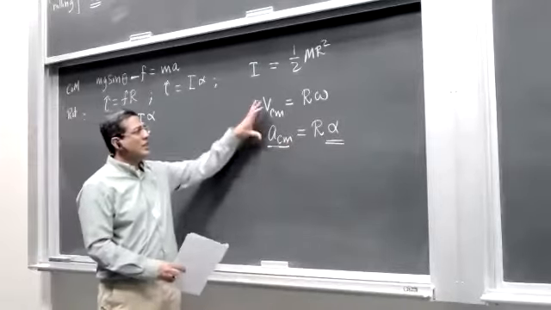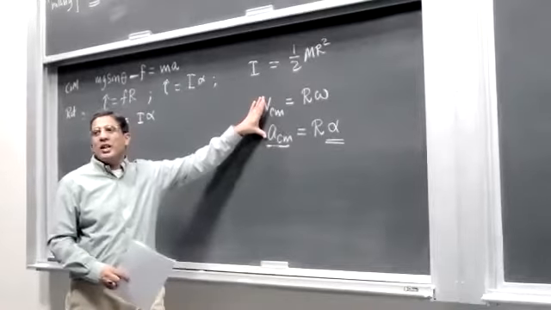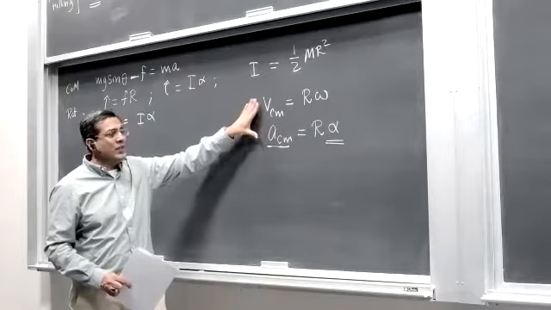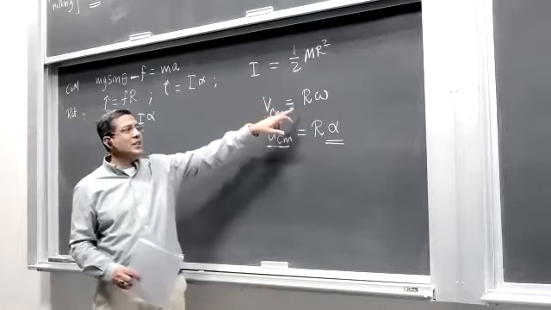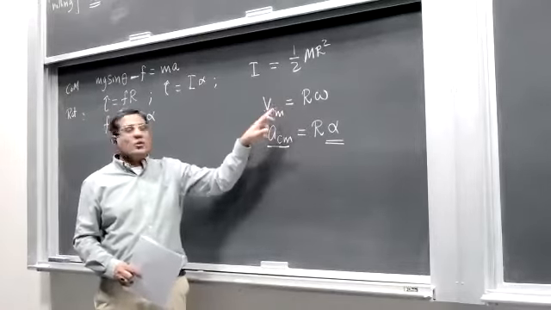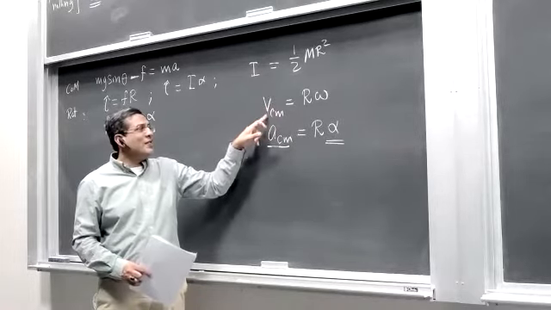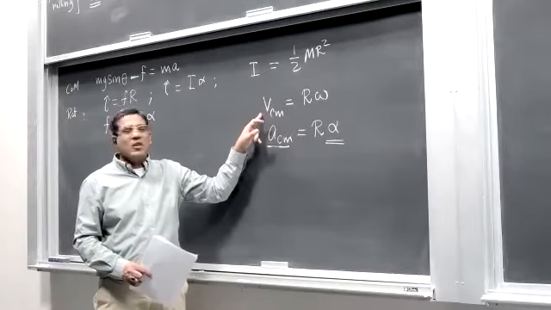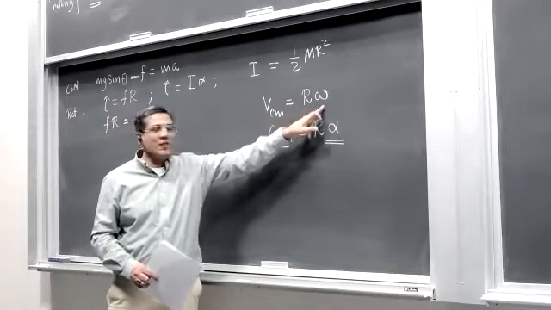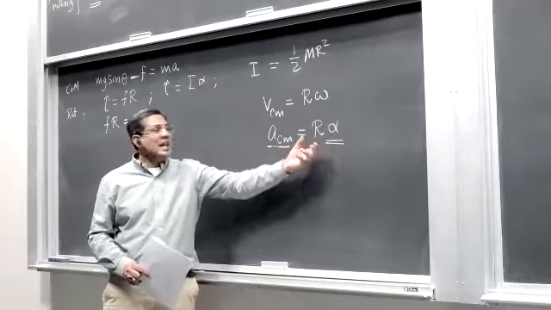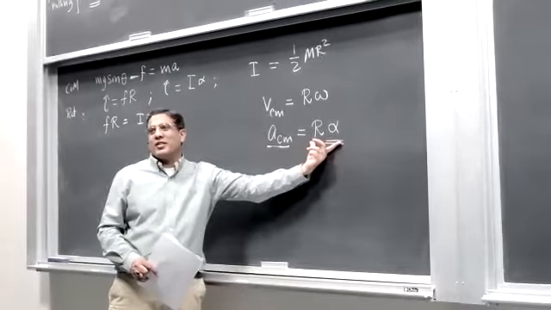These two equations are only true if we have rolling without slipping. Do not confuse them with the other relationship V equals R omega, because that V is tangential velocity. Here we have equated the center of mass velocity with the tangential velocity. This is tangential velocity, and this is rotational acceleration, and this itself is a tangential acceleration.